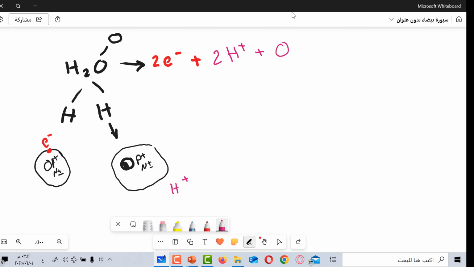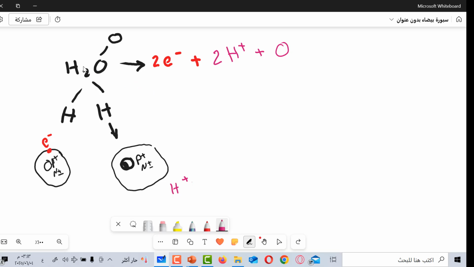Okay, this is analyzing 1 molecule of H2O, but oxygen is not going alone. It must go as O2. To go as O2, it must have 2 molecules of H2O analyzing.